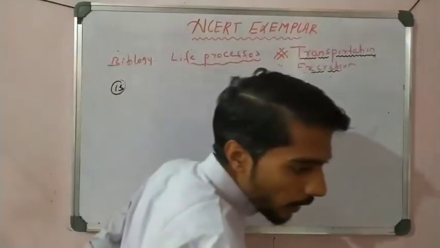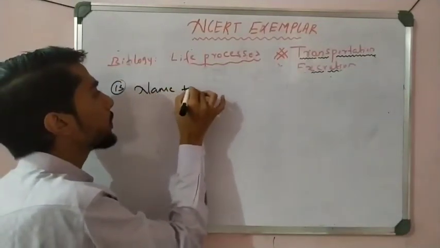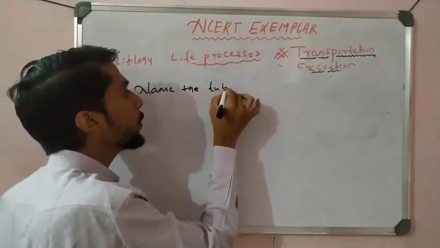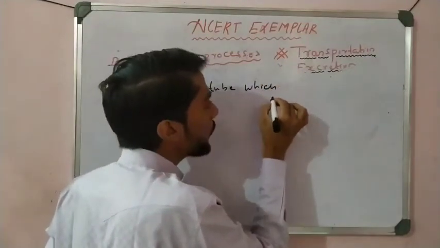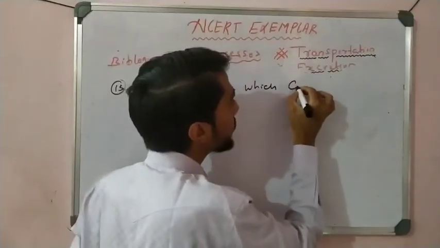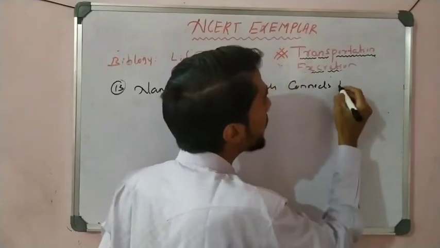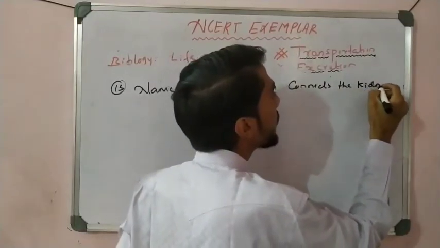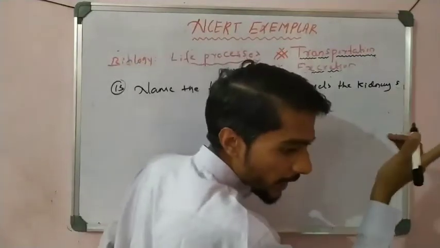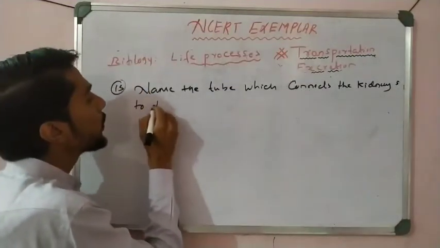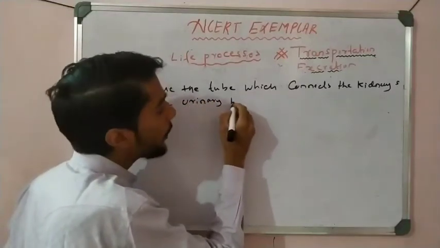Name the tube which connects the kidneys, because left and right are there, to the urinary bladder.